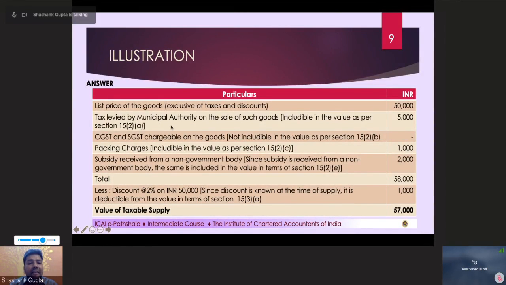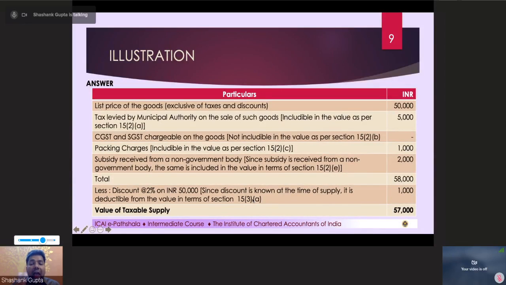See, it says tax levied by municipal authority is includable as per this. CGST and SGST not includable. Packing charges includable. Subsidy received from a non-government body. Since subsidy is received from a non-government body, the same is included. Total less discount. Since discount is known at the time of supply, it is deductible.